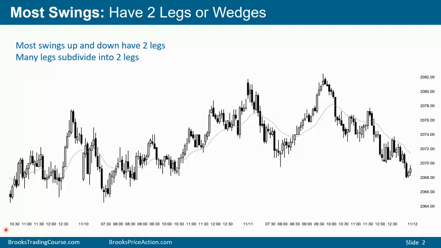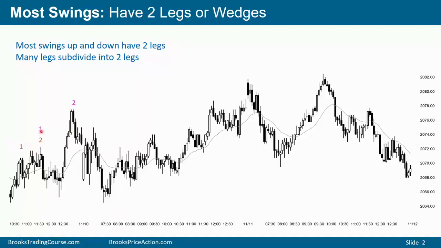Trading ranges often have two-legged moves up and down, sometimes three-legged moves, wedges, and often the patterns are nested within bigger patterns. For example, we have a wedge rally here, 2 legs down here, 1 pullback 2, and then a rally here, which is just a second leg up. So leg 1, pullback, leg 2.